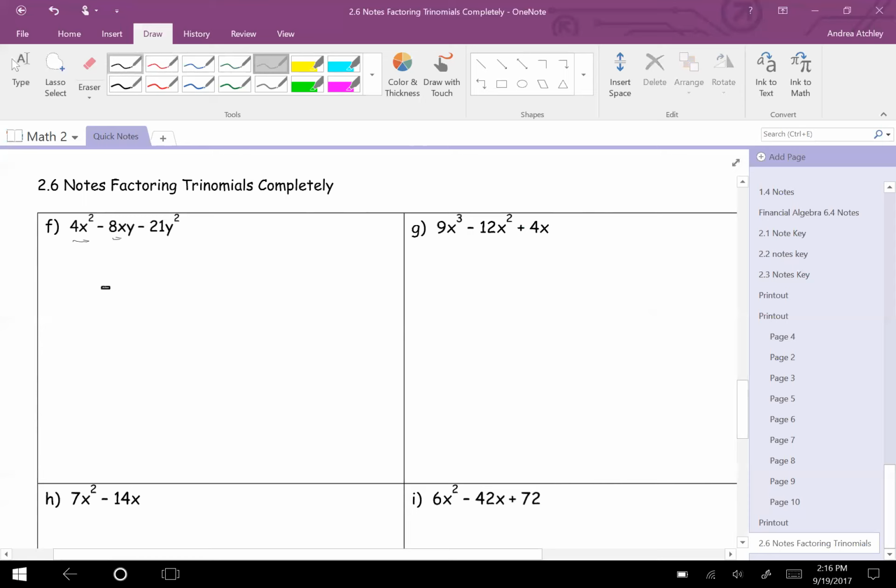There's no GCF. So I have my 4x squared minus 8xy in the middle and minus 21y squared.